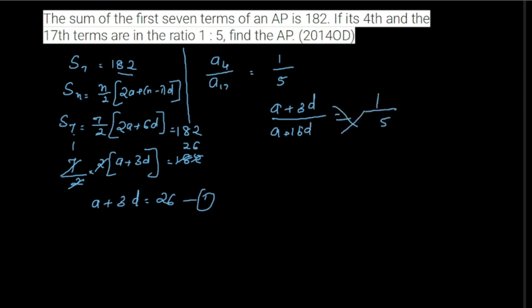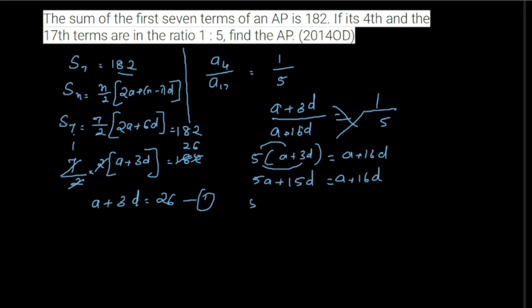Now cross multiplication, that is 5 into a plus 3d is equal to 1 into a plus 6d. Then multiply, 5 into a is 5a plus 5 into 3 is 15d is equal to a plus 6d.